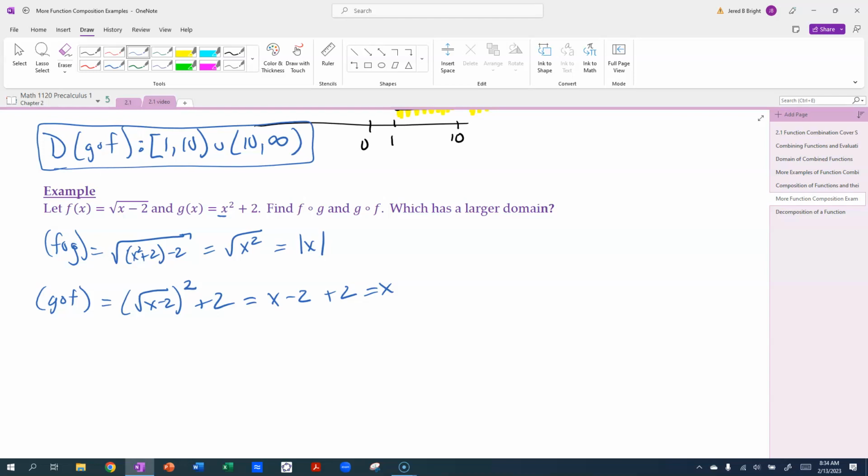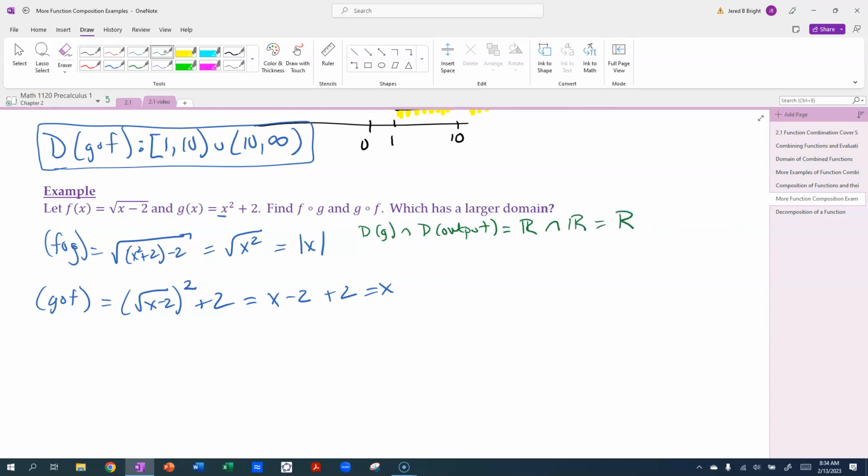Which one has a larger domain? We need to be careful with this. For the larger domain question, here I need to find the domain of g and intersect it with the domain of the output. The domain of g was all real numbers, and I would need to intersect that with the domain of the output, which is the absolute value of x, also all real numbers.